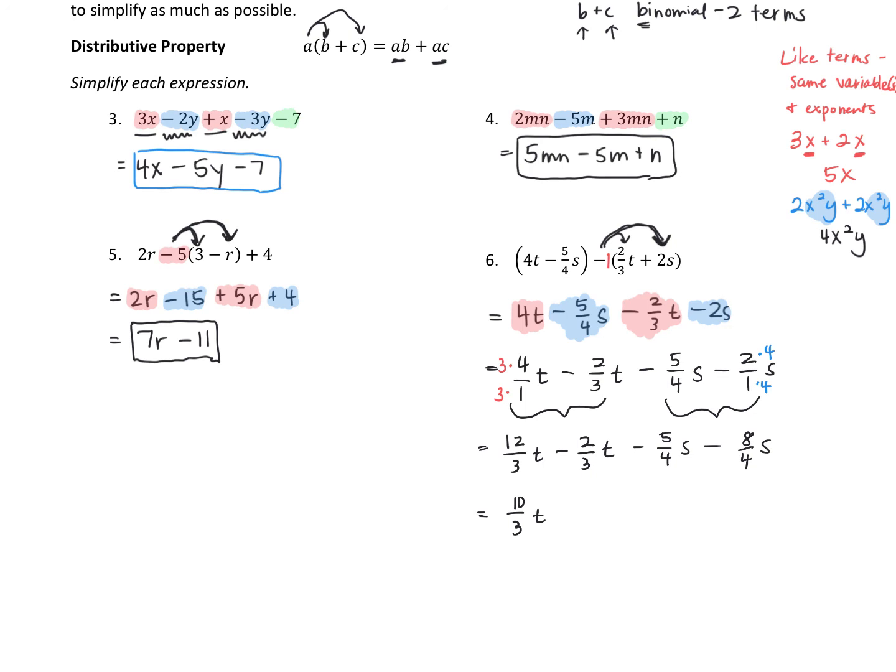And then I want to combine these. So I have a -5 and a -8. Since they're both negatives, I'm going to add and keep the sign. So that will be minus 13/4 s, because 5 plus 8 is 13, and I keep the denominator the same. Now I want to see if I can reduce the 13/4. I cannot. So this is my simplified expression.